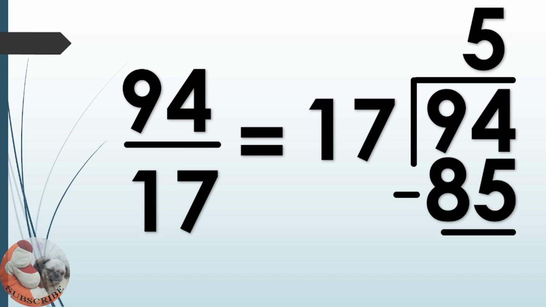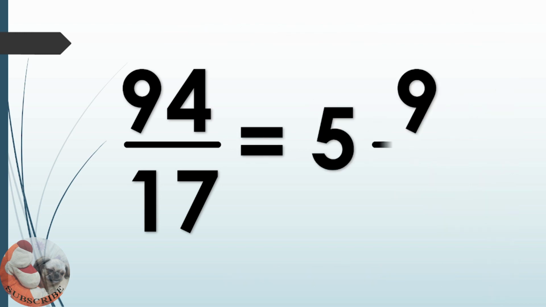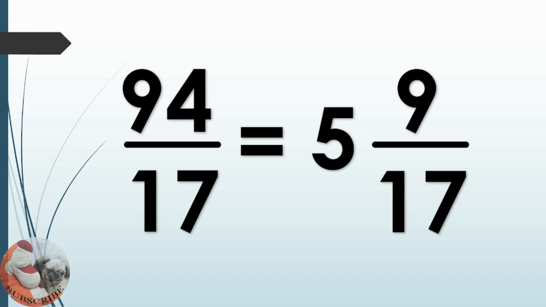And subtract. 94 minus 85 is equal to 9. The quotient will be the whole number. Then the remainder will be your numerator, and 17 will still be your denominator. So 94/17 is equal to 5 and 9/17.